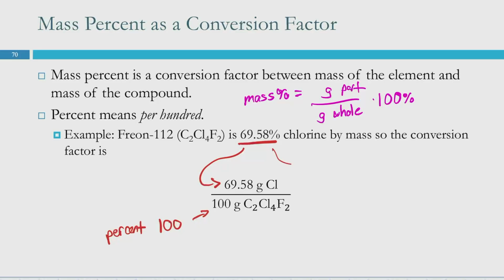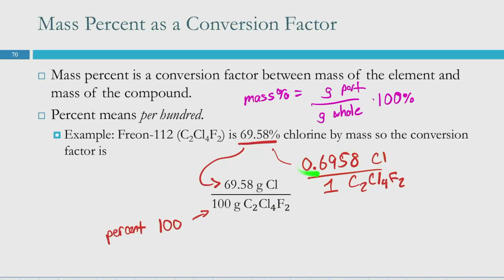Another thing that you can do is convert the percentage to a fraction form. Which is the same as just doing the math, the 69.58 grams of the part divided by the 100 grams of the whole thing.